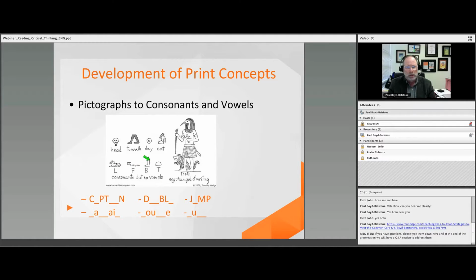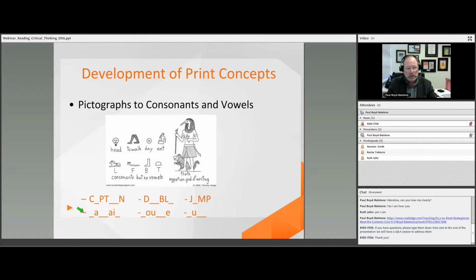These types of shapes began to be used to form letters, but they only formed consonants. Consonants carried meaning. Look at this word here. You could probably easily decipher this word without knowing the vowels. The word captain.